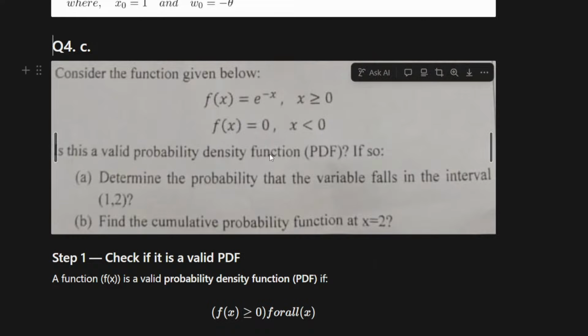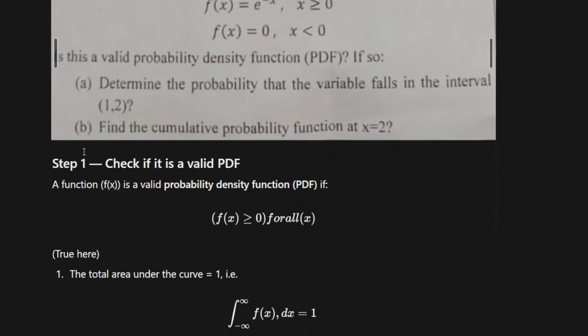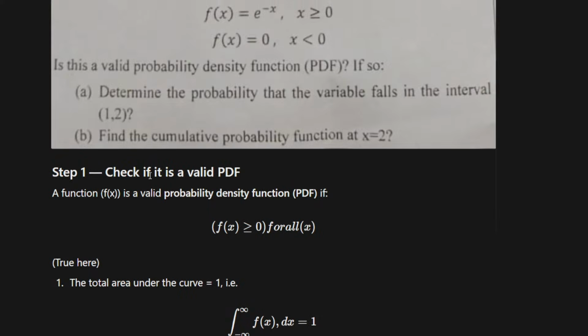Consider the function given below. Is this a valid probability density function? If so, determine the probability that the variable falls in the interval 1 comma 2. Let's first solve the first subdivision. First, we have to check whether this is a valid probability density function.